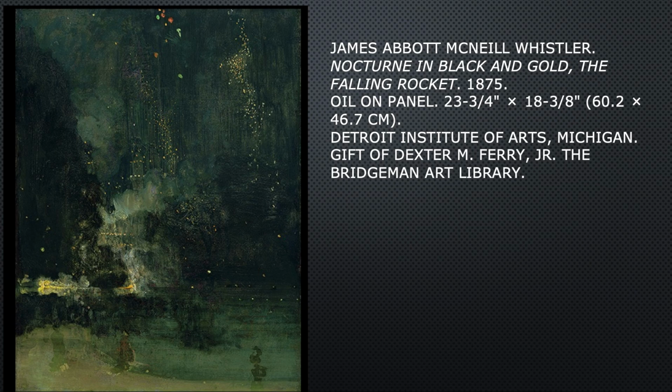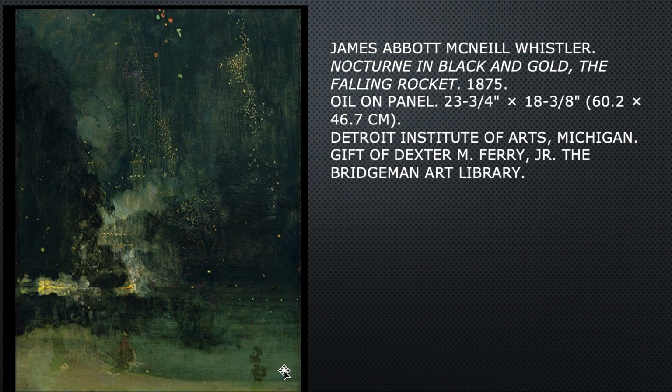Nocturne in Black and Gold, the Falling Rocket, depicts a fireworks show with several observers in the foreground. So I think at first glance it looks like an abstract painting, but then as your brain starts to sort it out, you can see a line across here where there seems to be reflection, like something above and something reflected on water, possibly a shoreline down here with these figures.